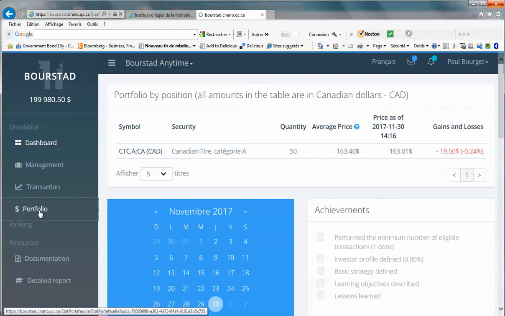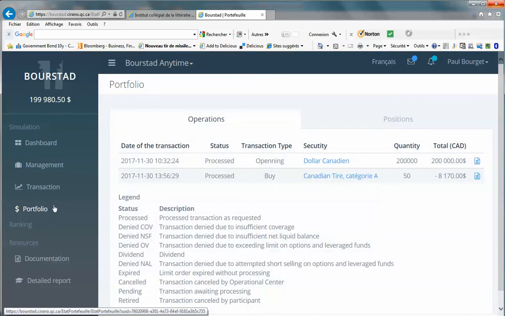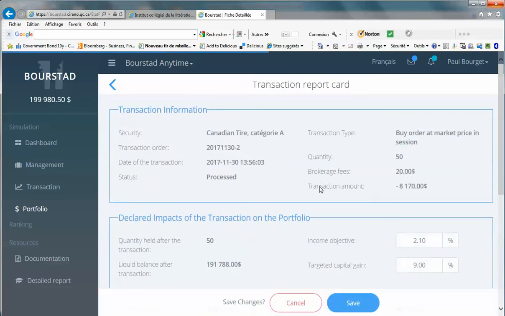We can look at the portfolio functionality. There we see that we have a transaction, a buy, that has been processed. If we look at the slip, we can see that it has been processed. The transaction amount is $8,170.